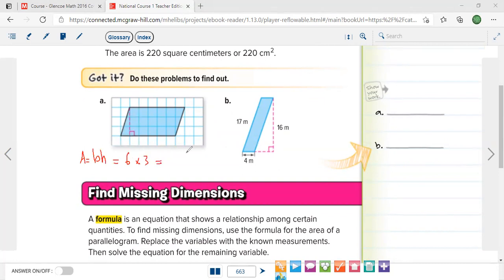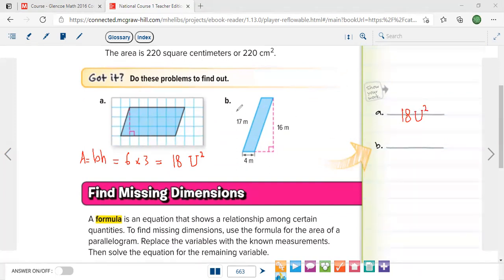So 6 multiplied by 3 will give you 18. Since no unit is mentioned, we say unit square. They didn't mention inch or centimeter, so we say unit square. So problem A is 18 unit square.